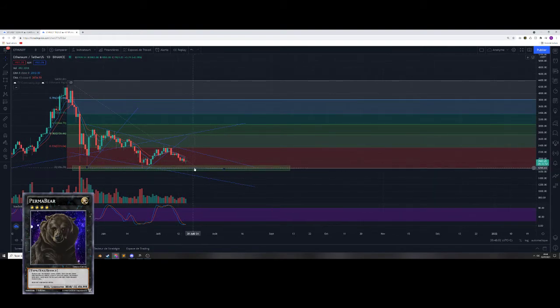I'm hoping for a bounce here, to be honest, and I would suggest placing a pending order at $1,735 as a good entry. I don't know, I mean no, I'm in USDT, so yeah, don't listen to what I'm saying. It's in USDT, so 1735.